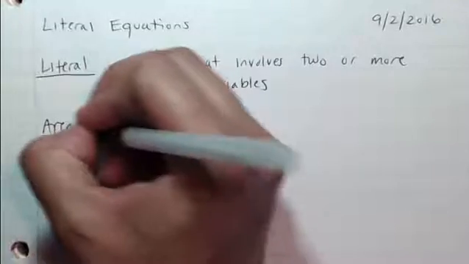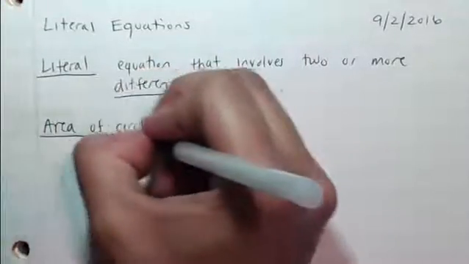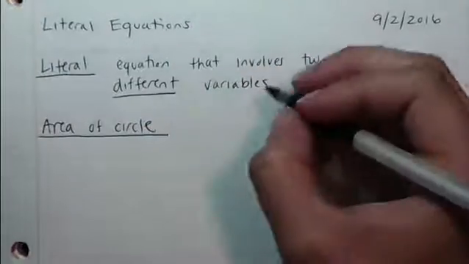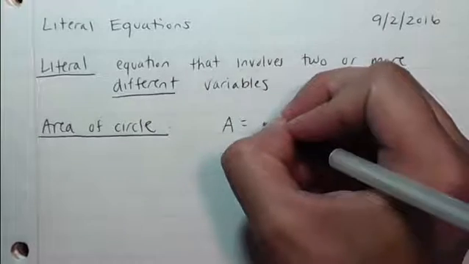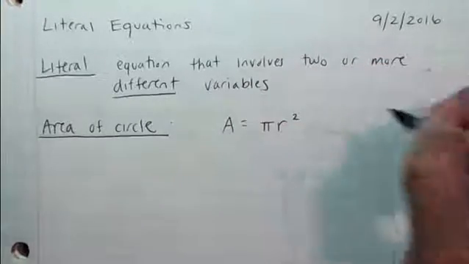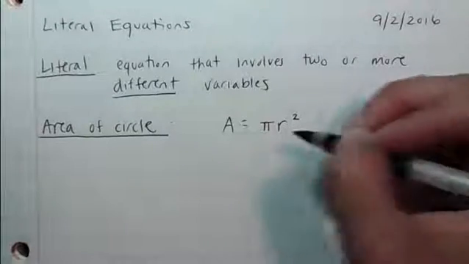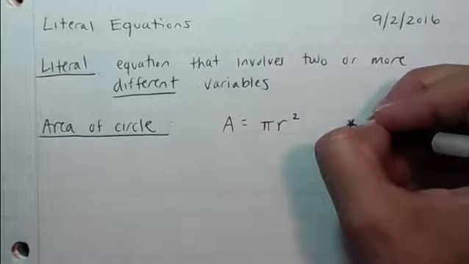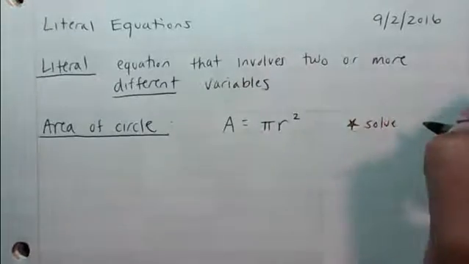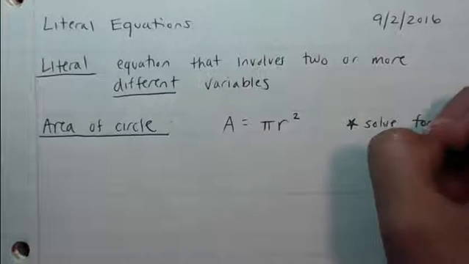So let's talk about area of a circle. We'll start off with this one. The formula for area of a circle is A, which stands for the area, is equal to pi r squared. Okay, r represents what? The radius. So let's say they give you this equation, and then they're going to say solve for r.